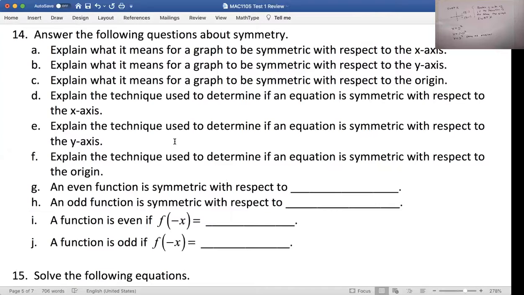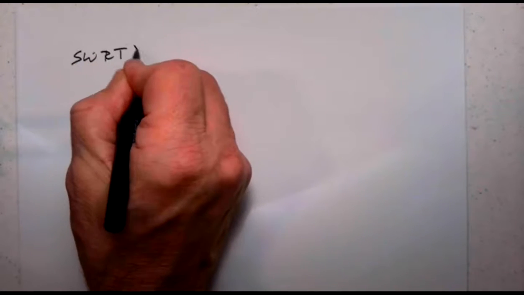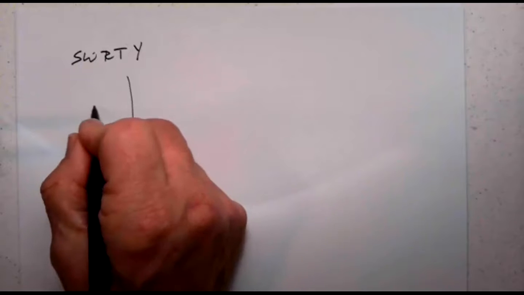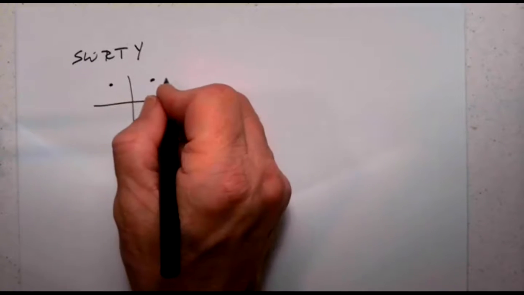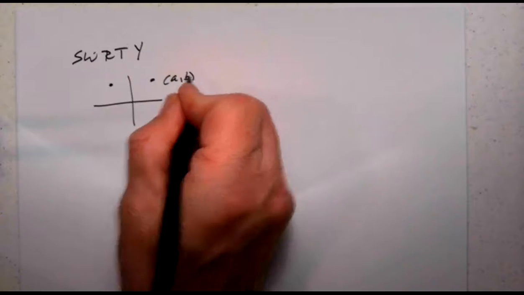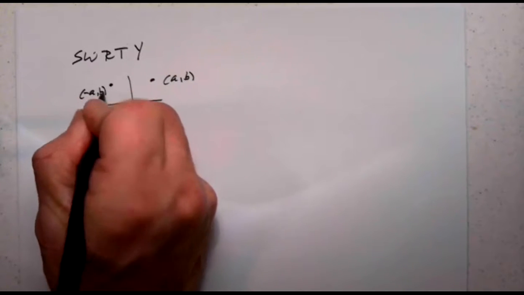Explain the technique to determine if an equation is symmetric with respect to the y-axis. Okay, so symmetric with respect to the y-axis. So this point matches this point. So this might be the point (a, b). This would be the point (negative a, b).